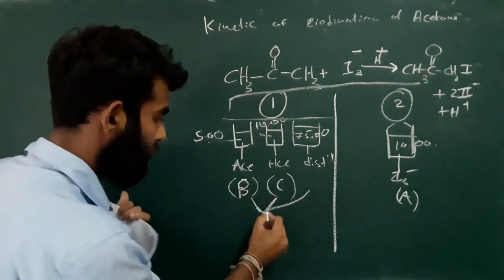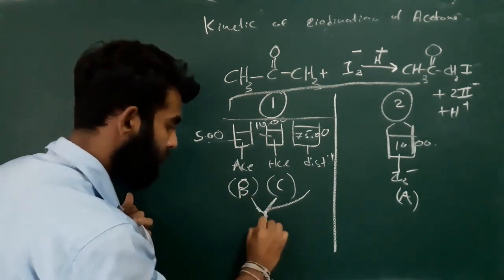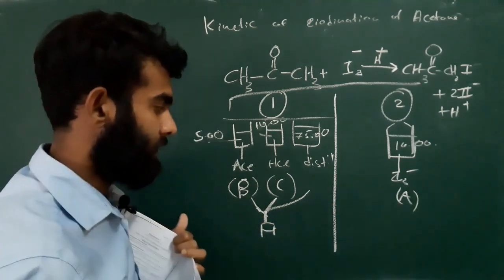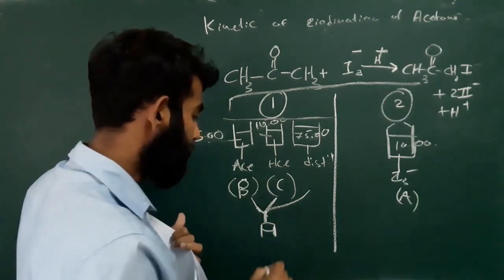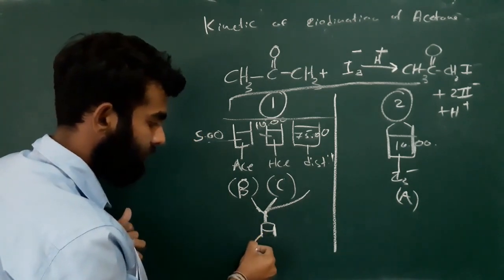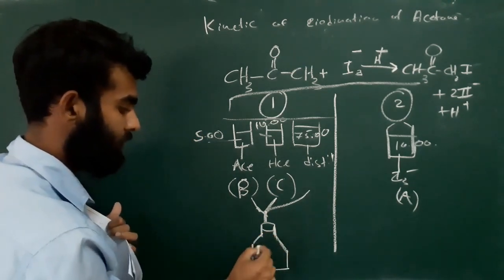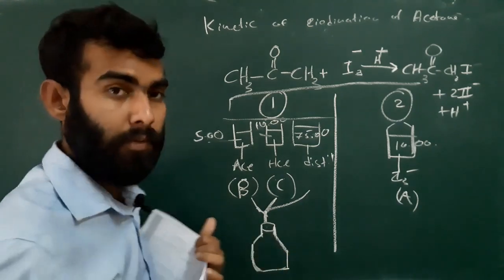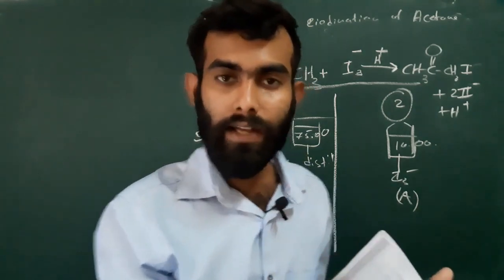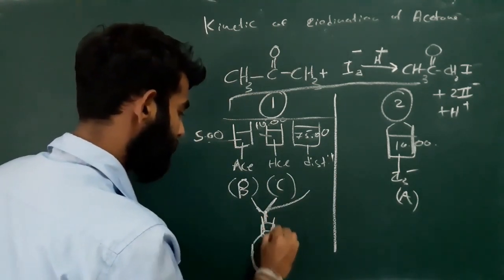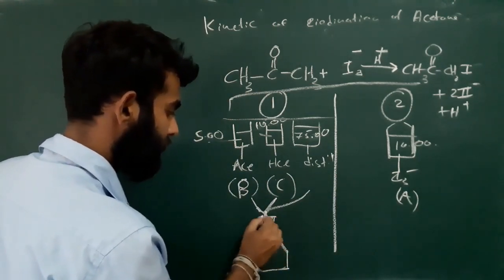We have to mix them in a stoppered bottle, because we are dealing with iodine. It will evaporate, so we have to keep it inside a stoppered bottle. A stoppered bottle's neck is very narrow and it has a lid, so I2 vaporization will be minimized during this process.